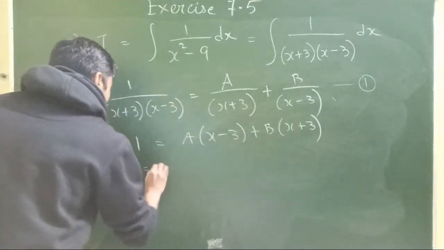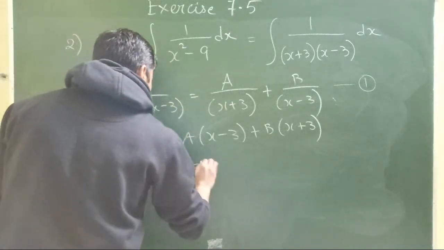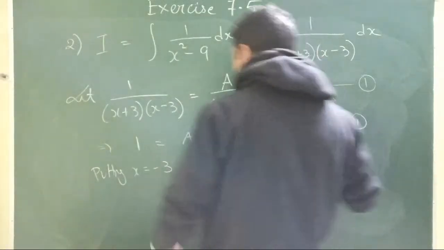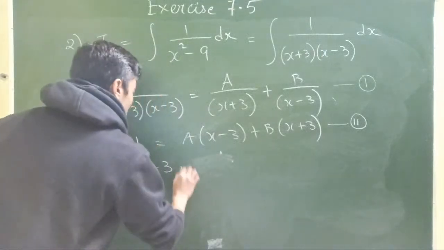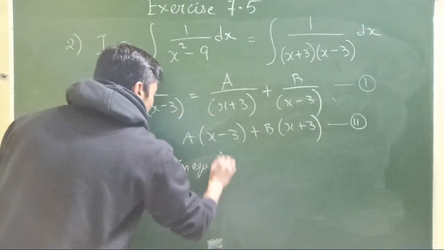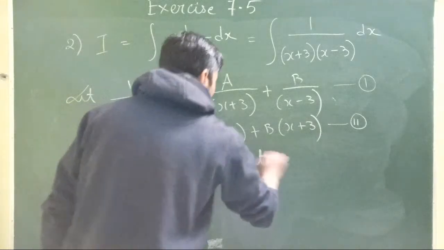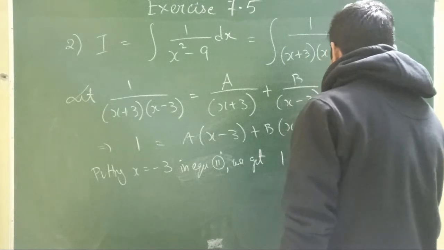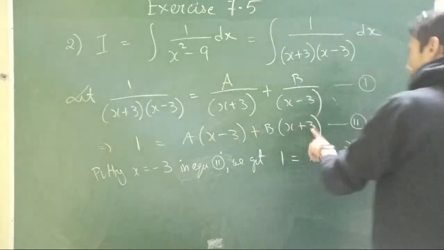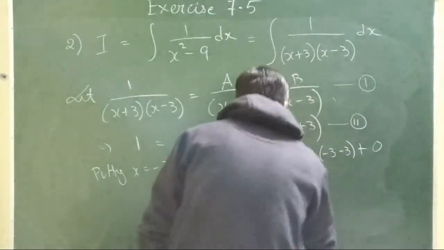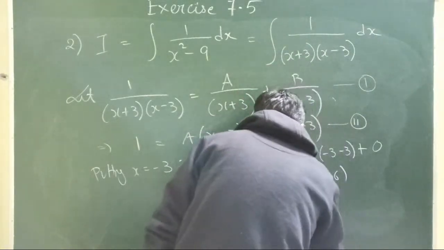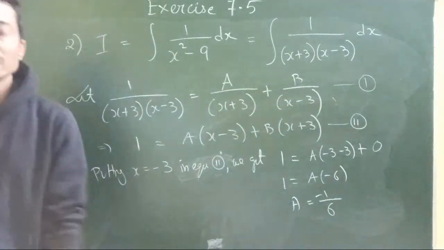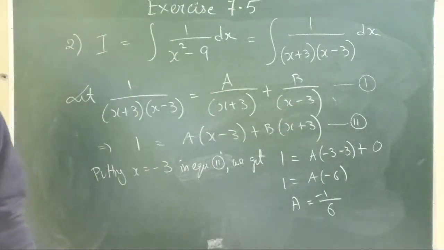Putting x equal to minus 3 in equation 2, what do we get? Here nothing changed, 1 will remain 1. Here a into minus 3 minus 3, plus this minus 3 plus 3 is 0, so b term is 0. 1 equal to a into minus 6, that means a is equal to minus 1 by 6. So the value of a that we get here is minus 1 by 6.